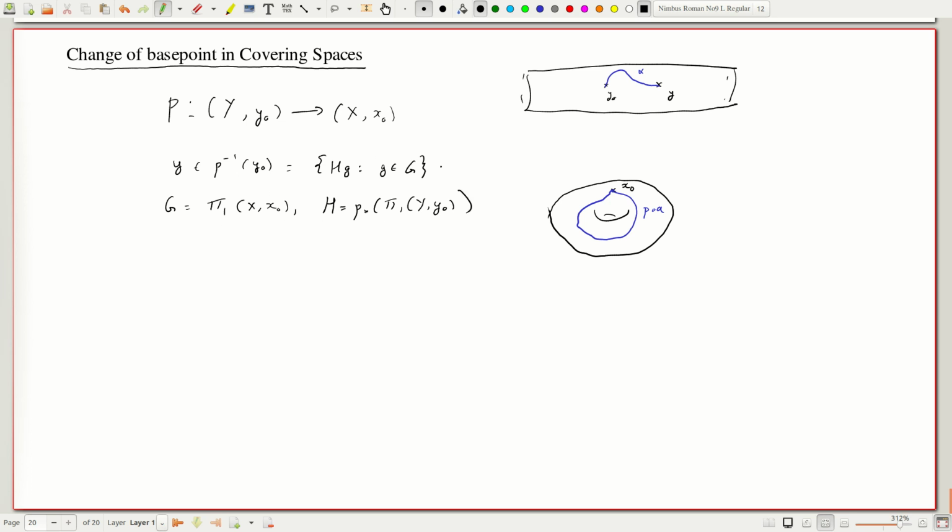So we look at the set of right cosets, denoted H\G, and we can think of the fiber as corresponding to these cosets.